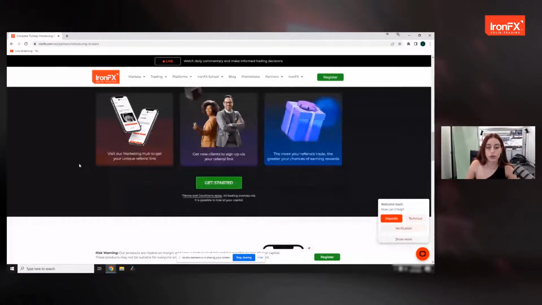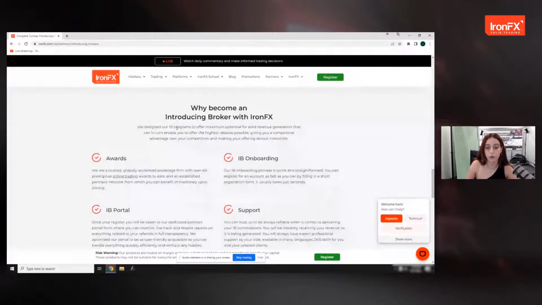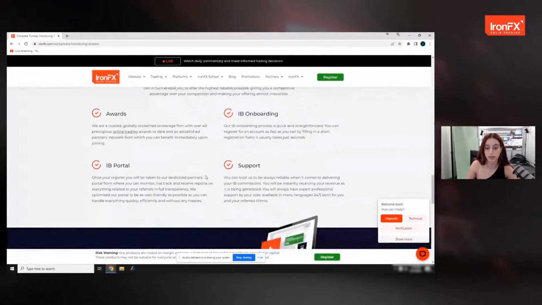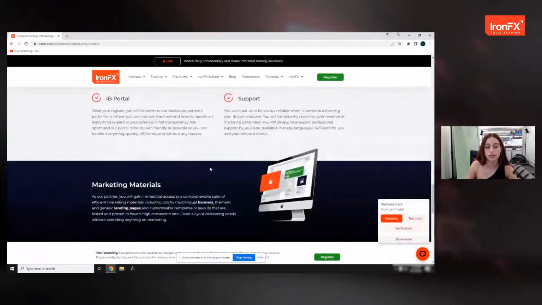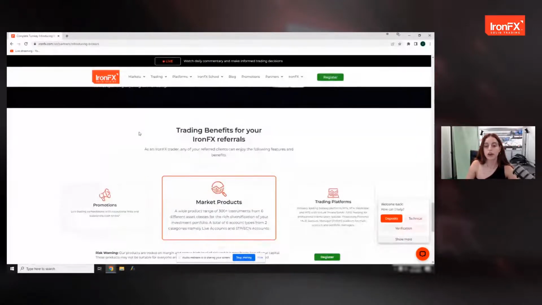Then also here you have why become an introducing broker with IronFX. So we have awards, IB portal, and support. You will also have marketing materials. And then here you have trading benefits for your IronFX referrals.